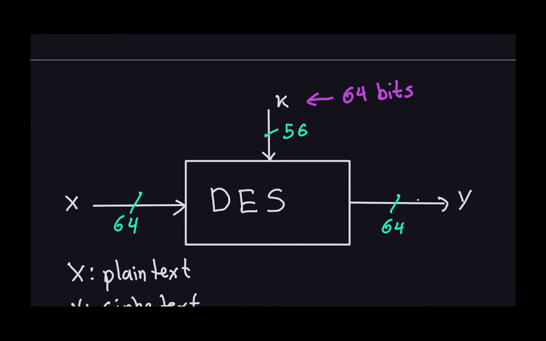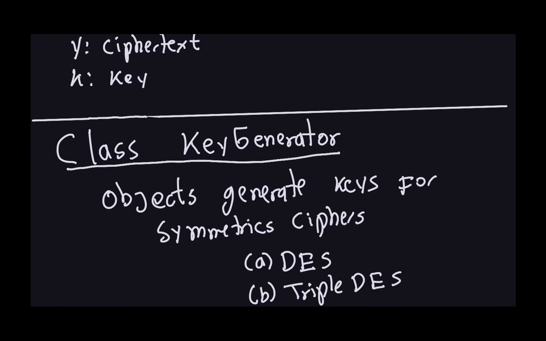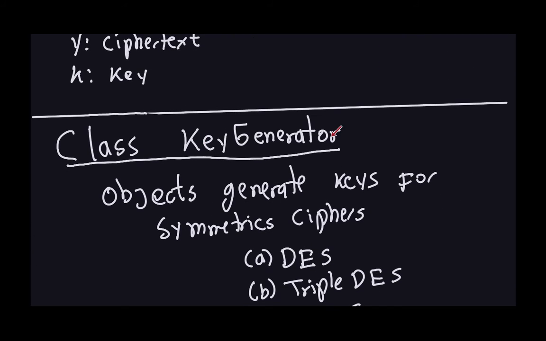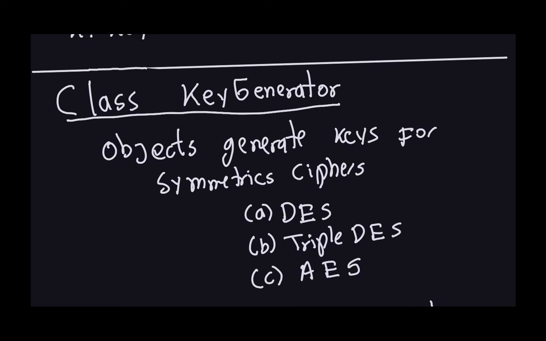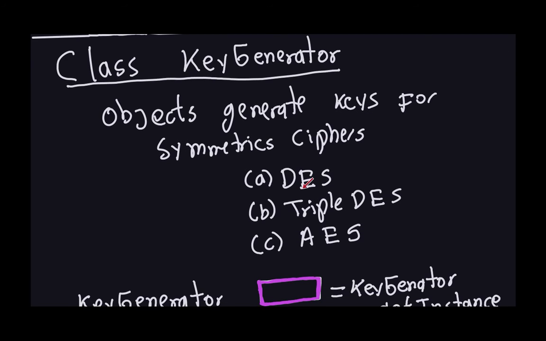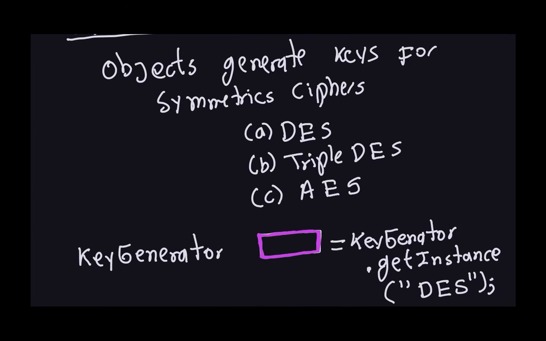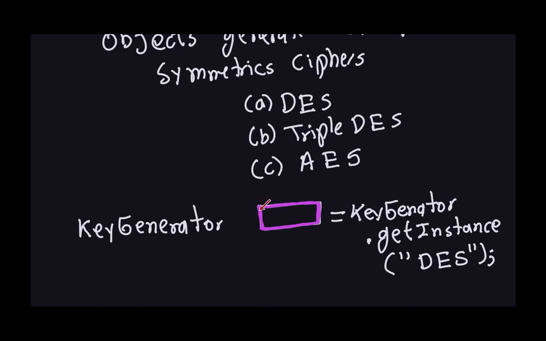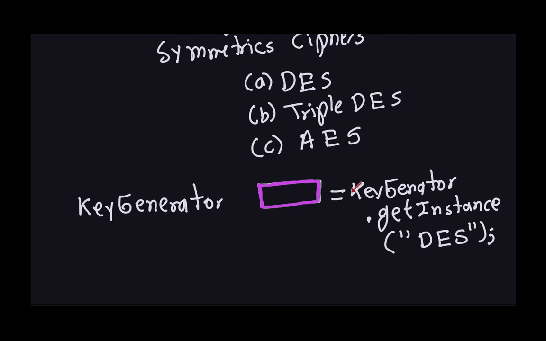So again, what you do is you have to create an object of this class KeyGenerator, which generates keys for symmetric ciphers, which is DES, triple DES, and AES, and more, which we will not discuss. So I create an object of that like this. getInstance, and you put in here whatever the name of your algorithm is, which is implemented in Java.